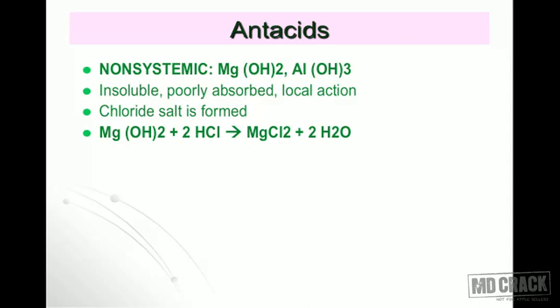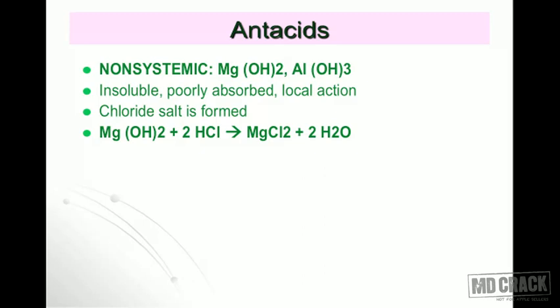Come to the slide and concentrate on the slide. On this slide, I have written a reaction of magnesium hydroxide with gastric hydrochloric acid. So let's read it. Magnesium hydroxide plus 2HCl is going to lead to formation of magnesium chloride, that's MgCl2 plus 2H2O.